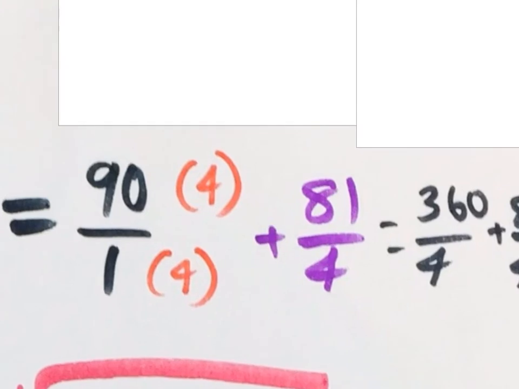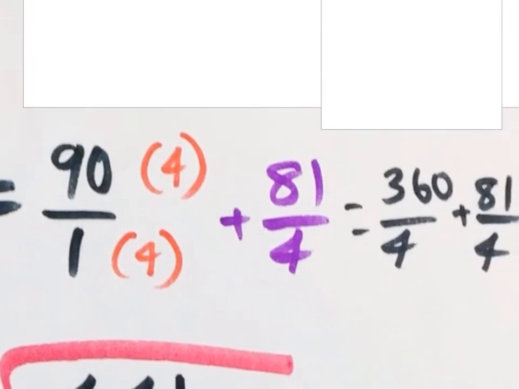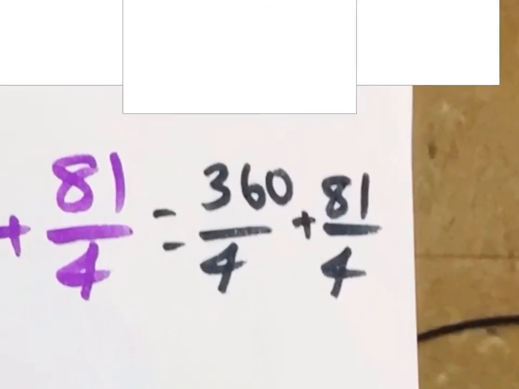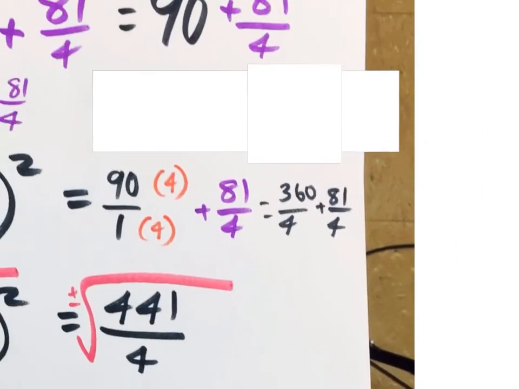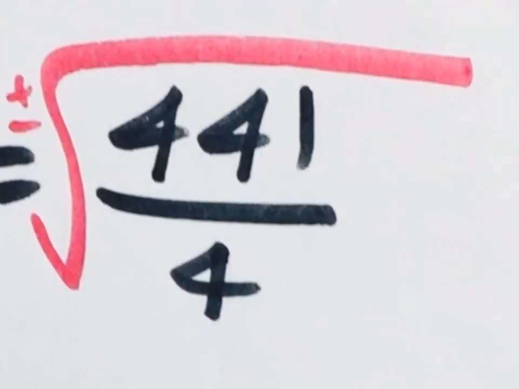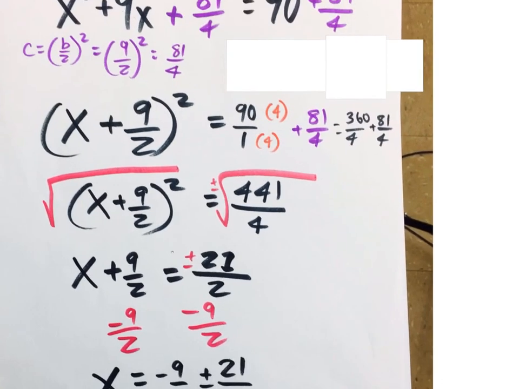We're going to have to add 90, or 90 over 1, with 81 fourths. We need the denominators to be the same, so we're going to be multiplying 1 times 4, 90 times 4. 90 times 4 gives us 360. Obviously, 1 times 4 gives us 4. And so 360 plus 81 is going to give us 441 over 4.